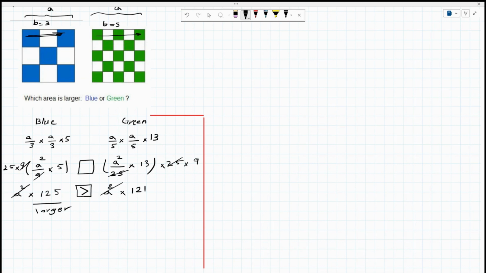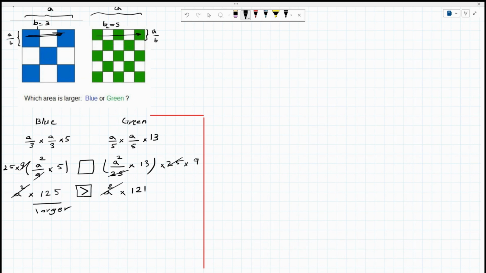On the left side, each square has a length of a divided by b, and on the right side, which is the green side, the length of the square is gonna be a divided by b again. I call it maybe b1 and b2.